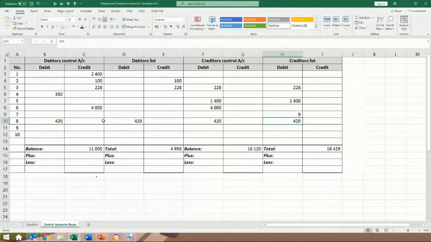But when posting the entry to the creditors individual account, we only captured 100 Rand. So in this instance, will we correct this in the creditors control account or the creditors list? So number 9, will we correct it in the creditors control account or in the creditors list?